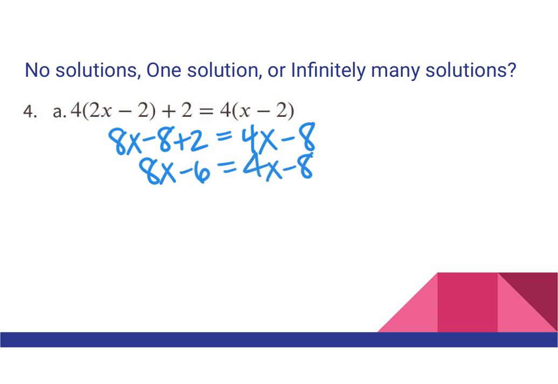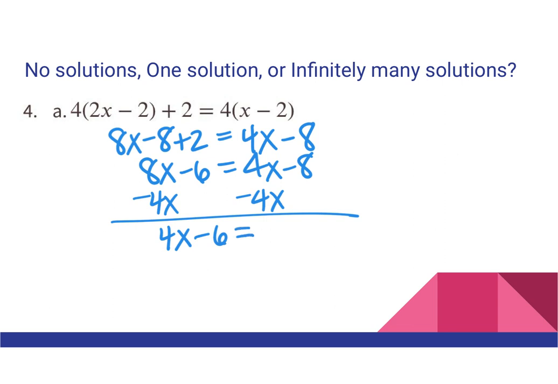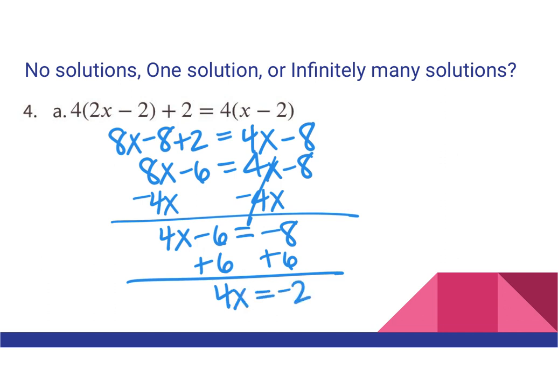Going to keep working by subtracting 4 x's from the right and left, which is going to leave me with 4 x's on the left, 0 x's on the right. Continuing to combine. So I have 4 x's is equal to negative 2. Divide both sides by 4, and I get x is equal to negative 1/2.